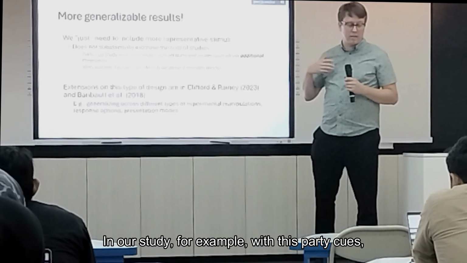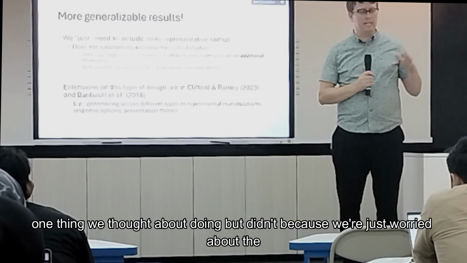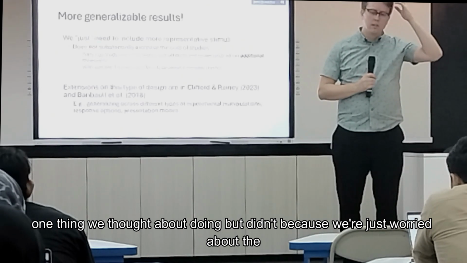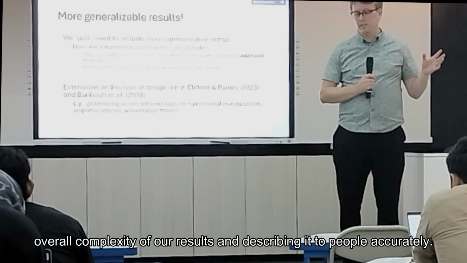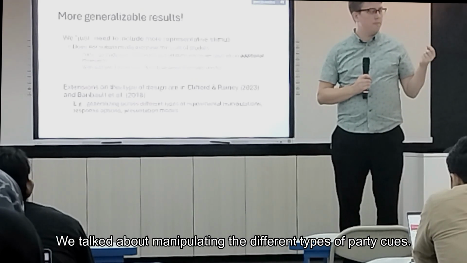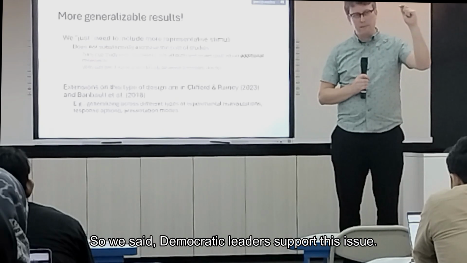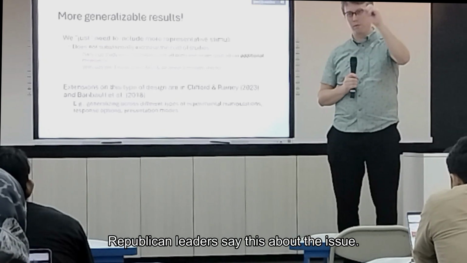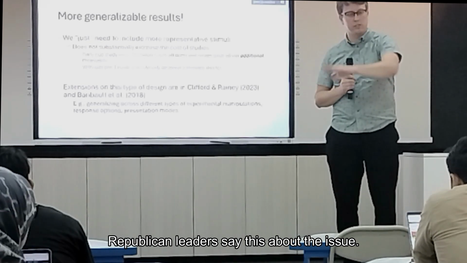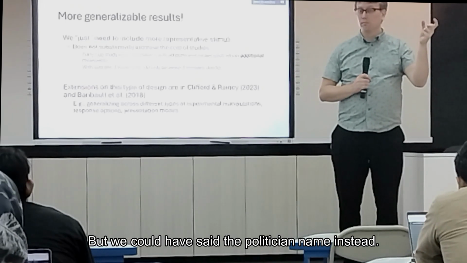In our study, for example, with the party cues, one thing we thought about doing, but didn't because we were worried about the overall complexity of our results and describing it to people accurately, was manipulating the different types of party cues. So we said Democratic leaders support this issue, Republican leaders say this about the issue. But we could have said the politician name instead.